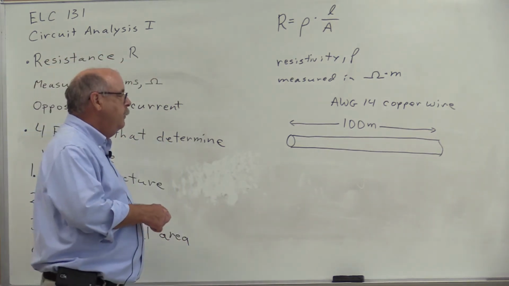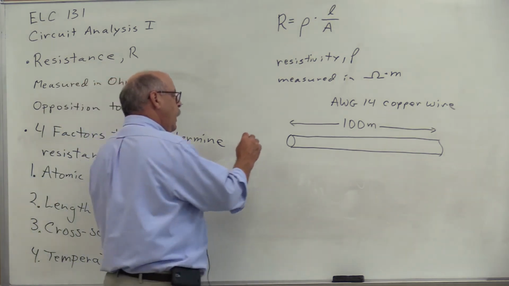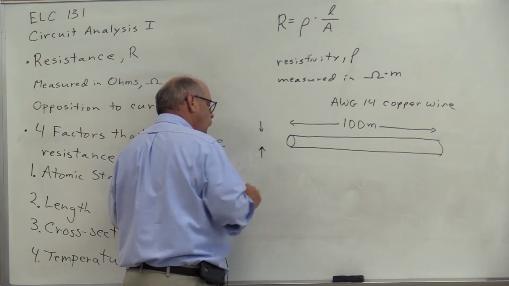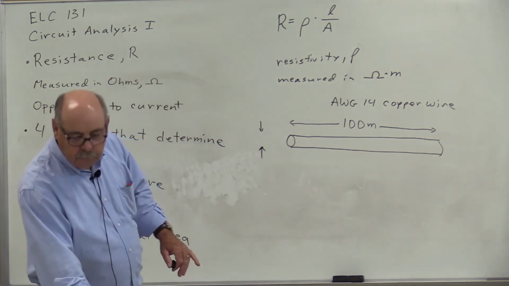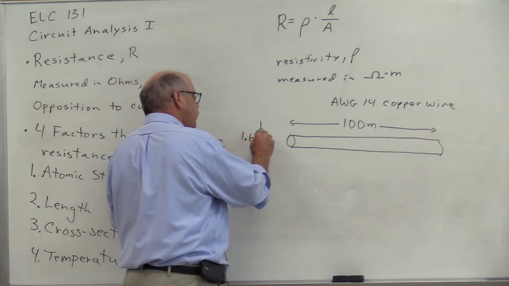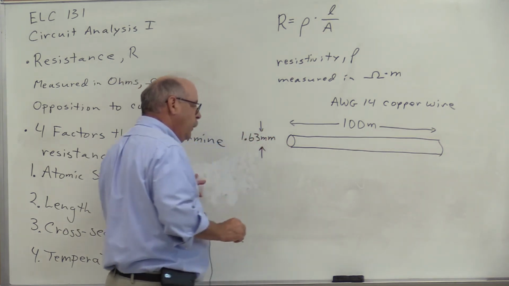And 14-gauge wire has a diameter of 1.63 millimeters.